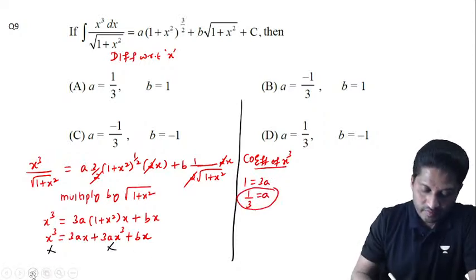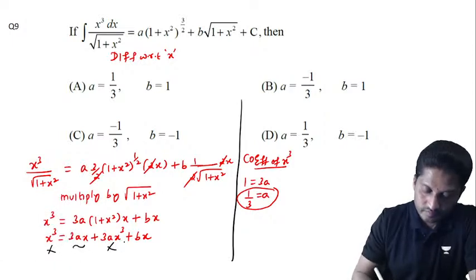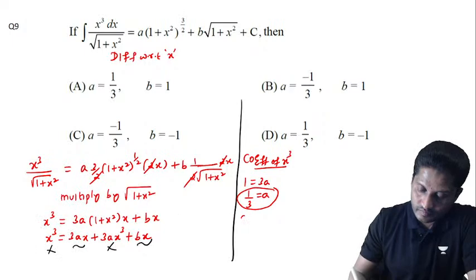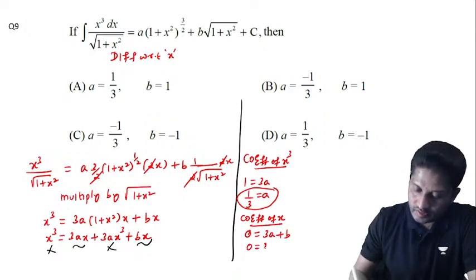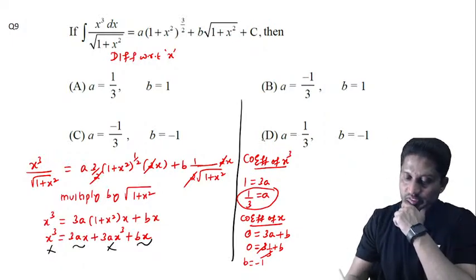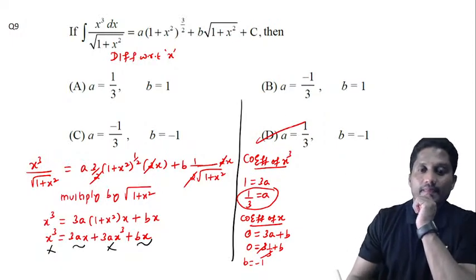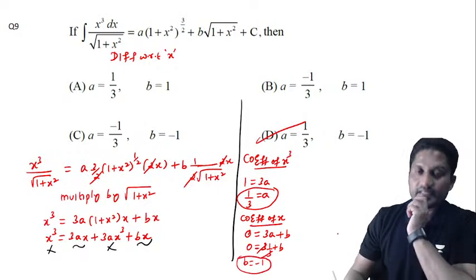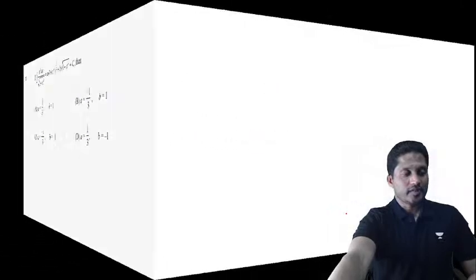Alright, if I equate the coefficient of x, you will get 0 is equal to 3a plus b. 0 is equal to 3 into 1 by 3 plus b. 3 and 3 cancel, b is equal to minus 1. a is equal to plus 1 by 3, b is equal to minus 1. Answer is option D only. Let's move to the next question.